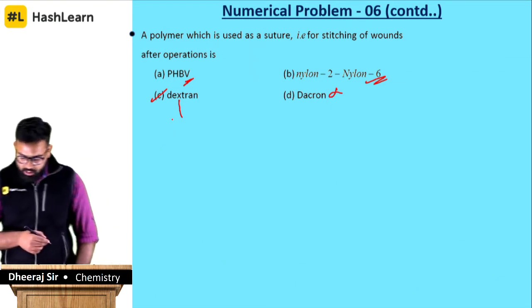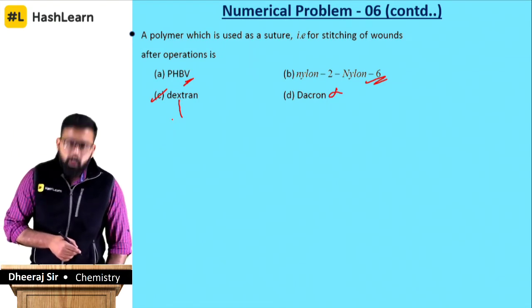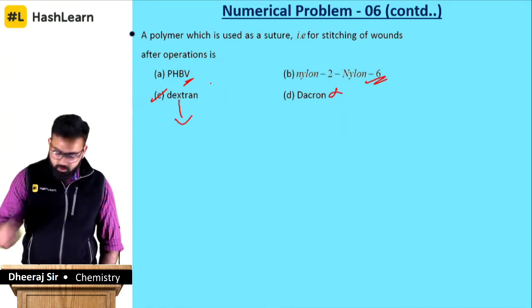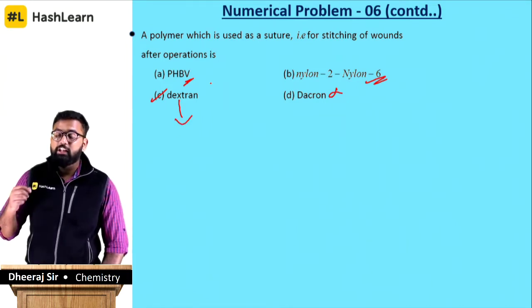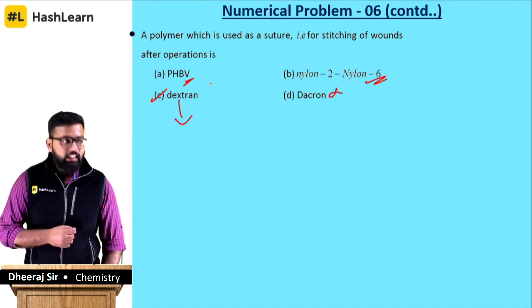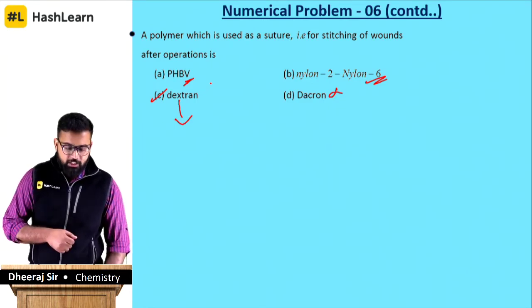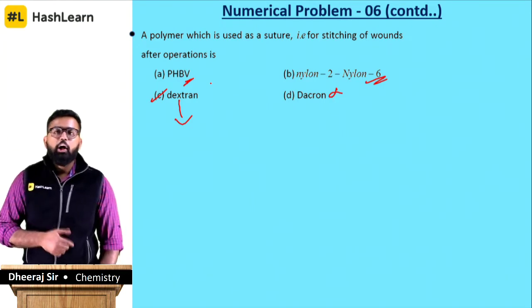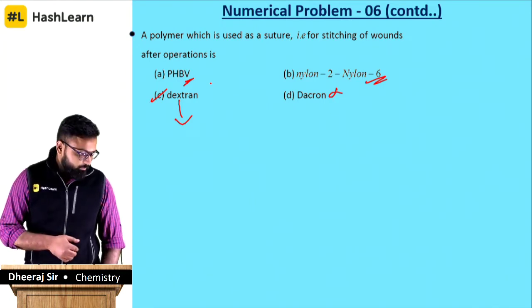Dextran is used for post-operative stitches. After the operation, the thread or material that is used is dextran. Dextran is made up of glucose, which will automatically biodegrade.